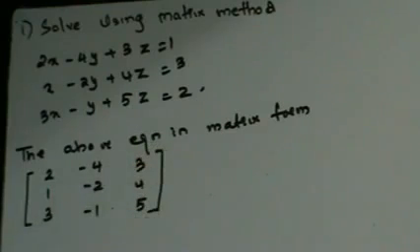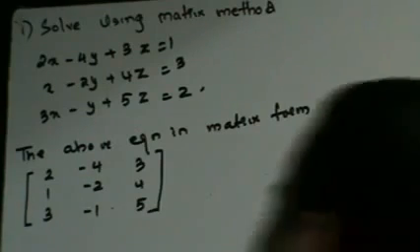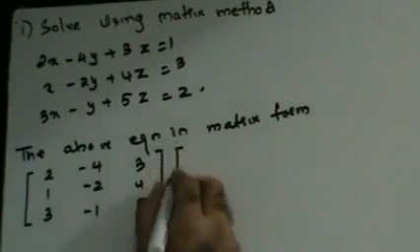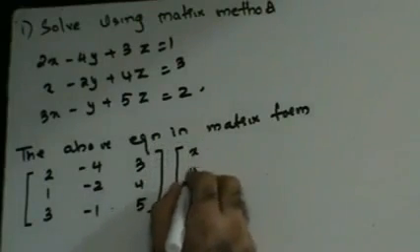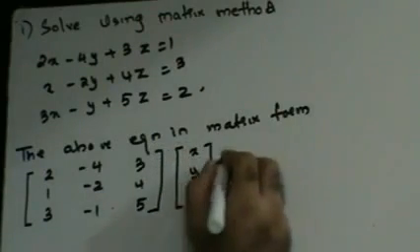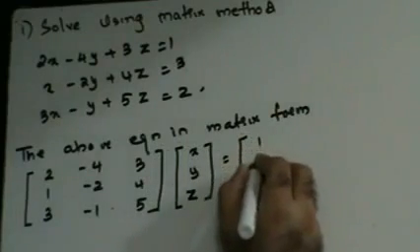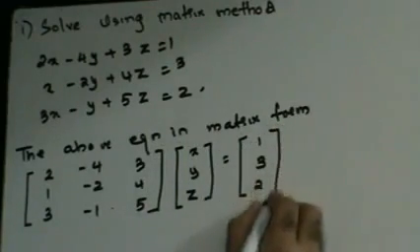Write all the x coefficients one below the other, all the y coefficients one below the other, and all the z coefficients one below the other. Once you've done that, you write x, y, z. Then the right hand side is 1, 3, 2.